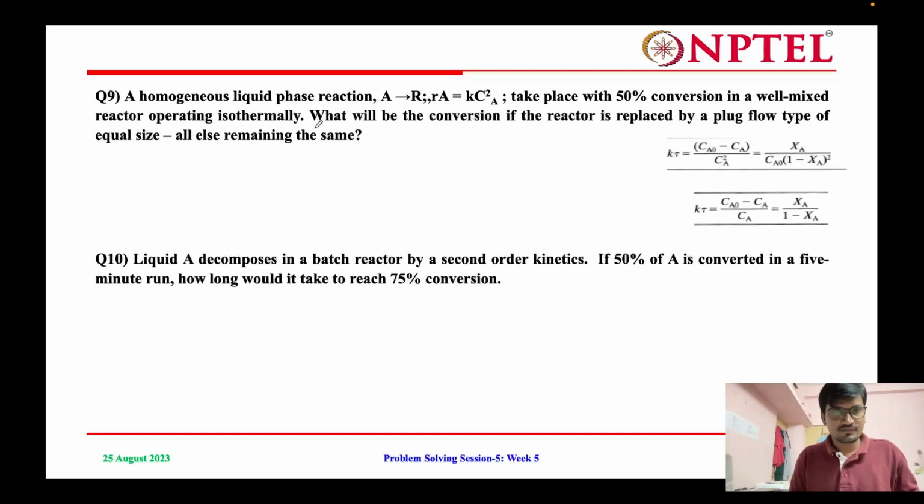Okay. So here initially given 50% conversion, you are using a CSTR. Then at the same conditions, what would be the conversion if you use a plug flow reactor?